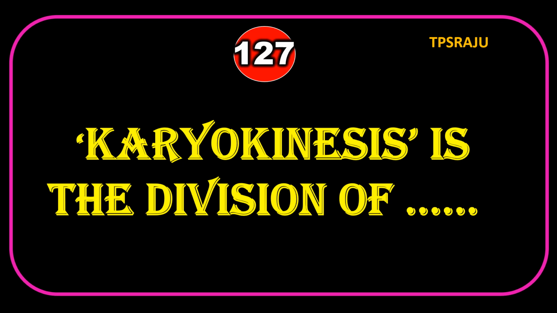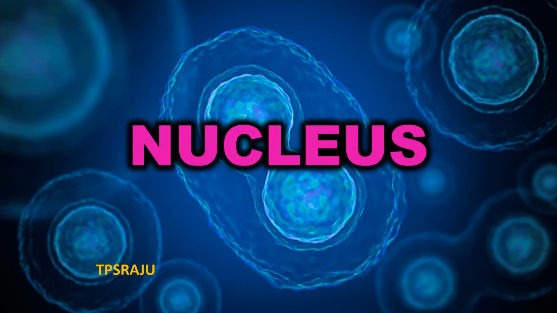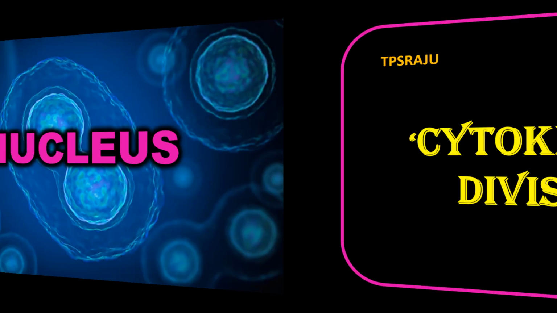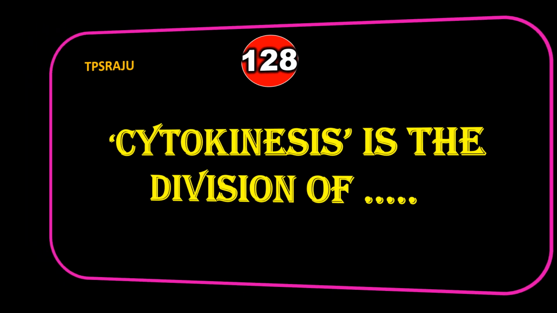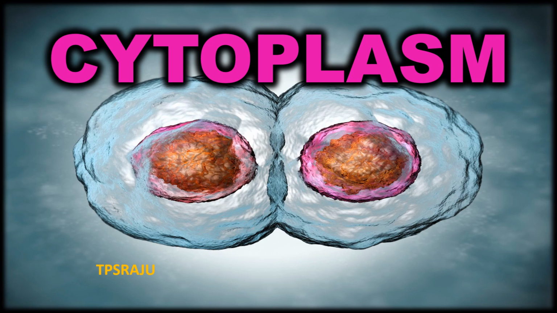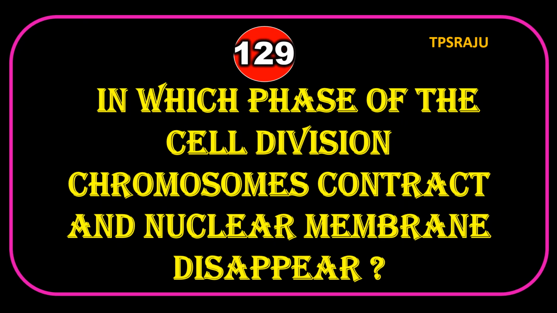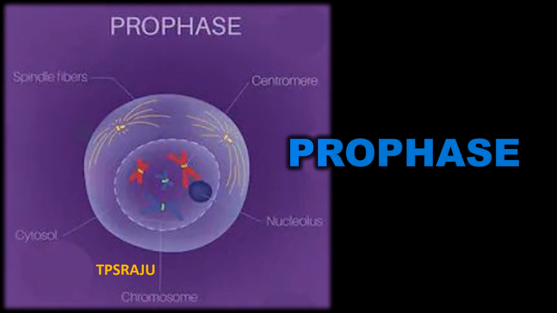Karyokinesis is the division of nucleus. Cytokinesis is the division of cytoplasm. In which phase of the cell division do chromosomes contract and nuclear membrane disappear? Prophase.